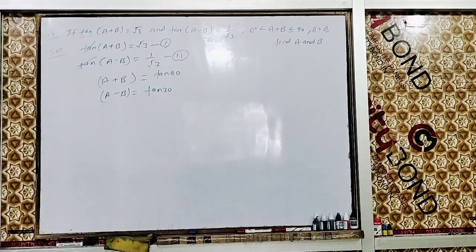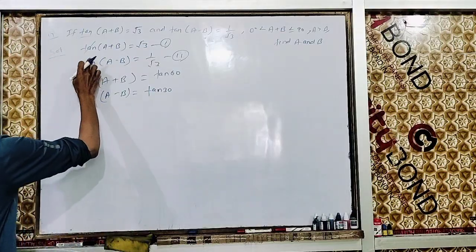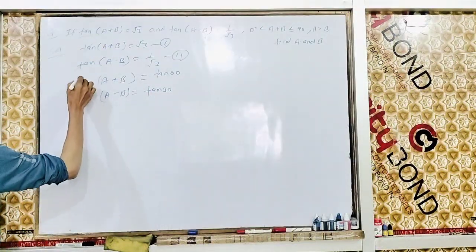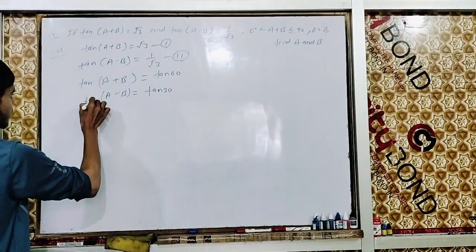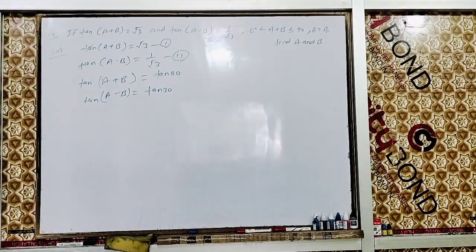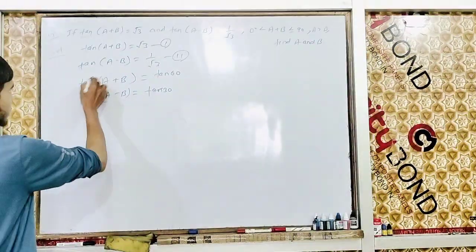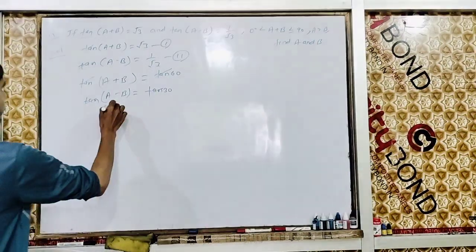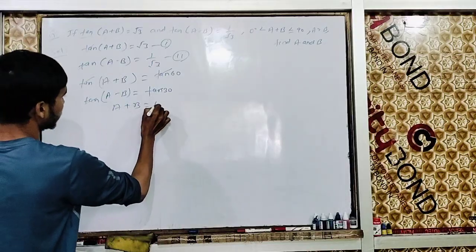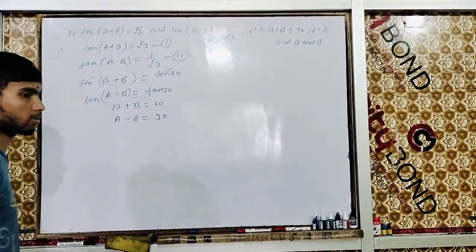In both cases, tan cuts tan. So finally we have a plus b is equal to 60, a minus b is equal to 30.